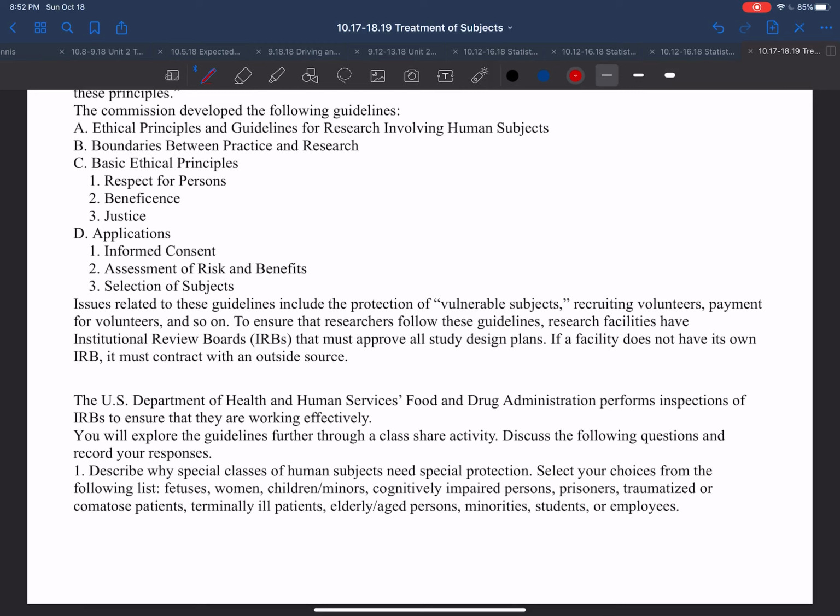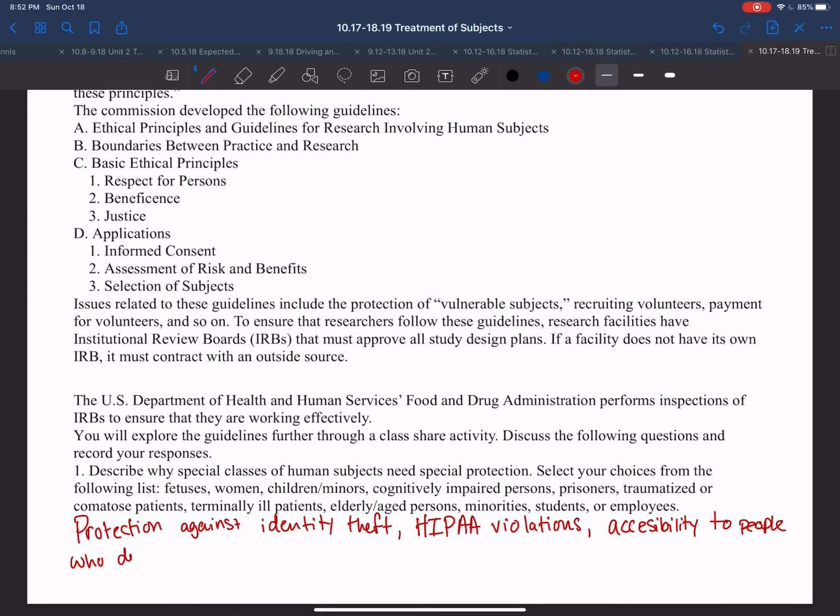So we can just say protection against identity theft, HIPAA violations, and accessibility to people who don't want their identity revealed.